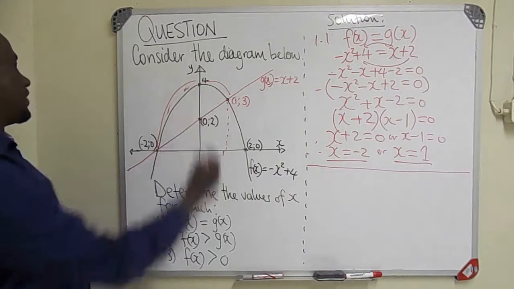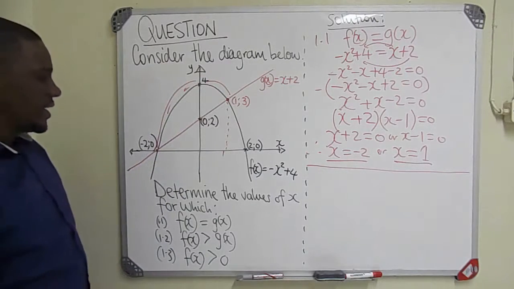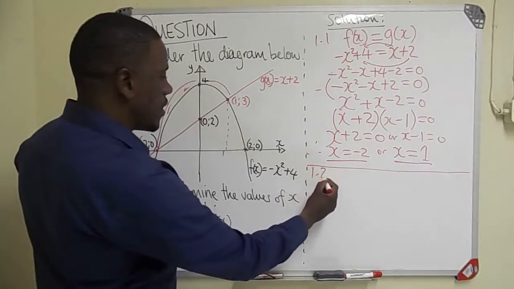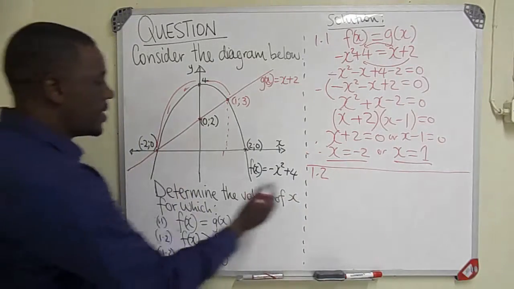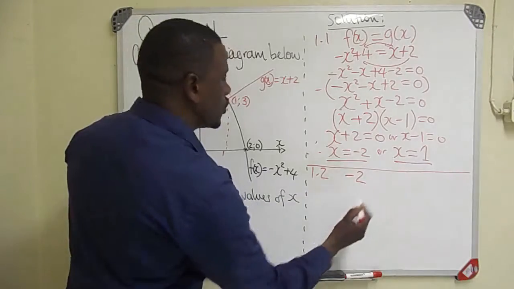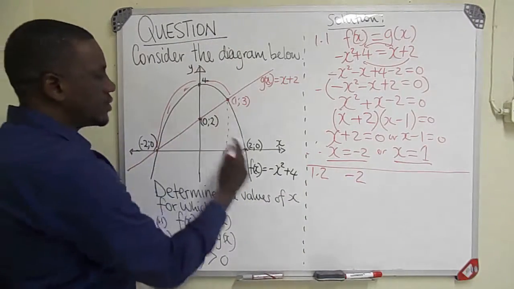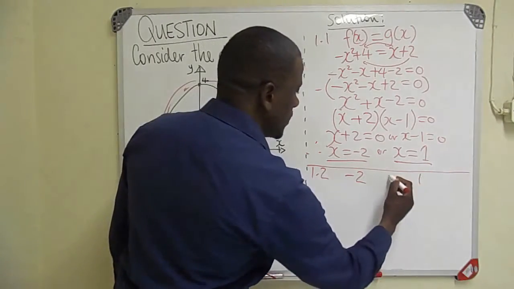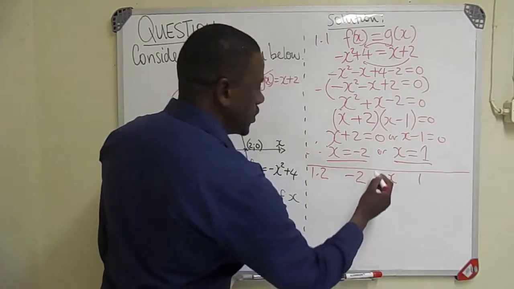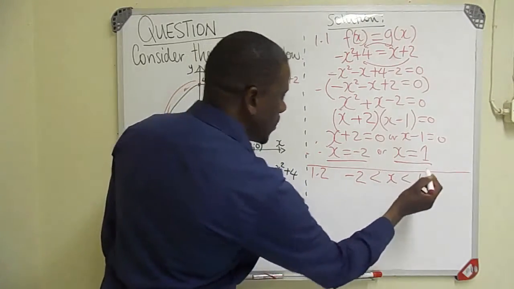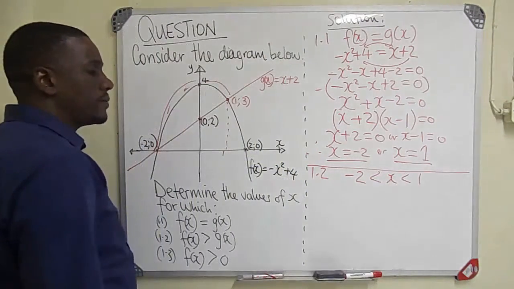that particular point. So we take the values of x. It is from x is minus 2 up to x is equal to 1. And these are the x values. So in an inequality sign, we write them in that form.